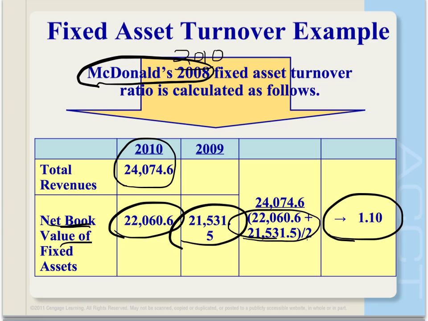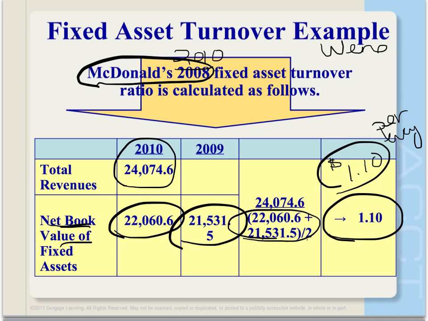In other words, for every dollar of fixed assets on the average, McDonald's was able to generate $1.10 per every dollar of revenue. So what does that mean to us? We really can't see unless we go and take a look at some of our competitors. So what is Wendy's?